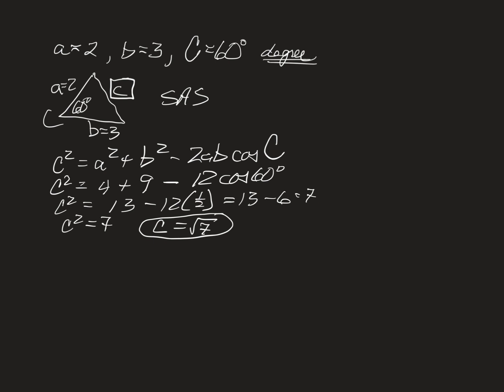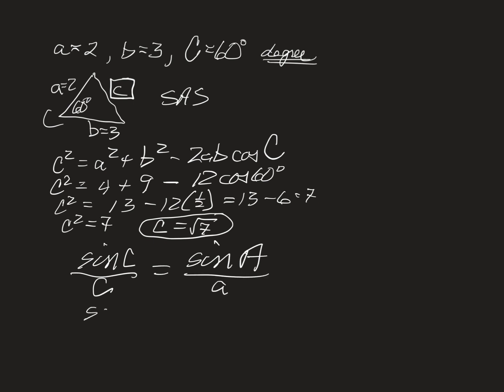So I can do sine of C over c equal to sine of A over a. And that'll be the sine of 60 degrees over c, which is the square root of 7, is equal to the sine of A, which I don't know the angle, over side a, which is 2.